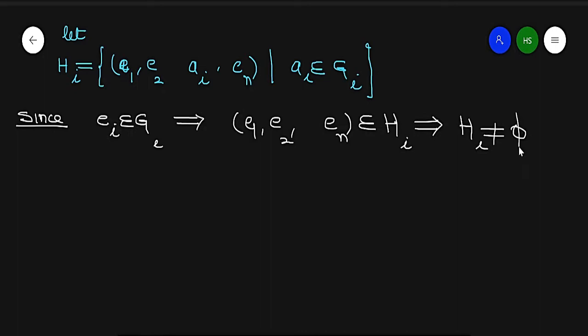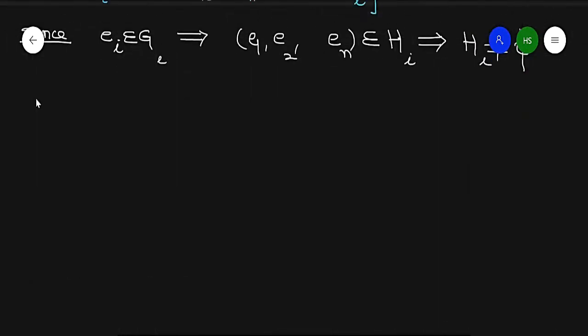If it is non-empty, then we can choose any element from this set, because if it were an empty set, then we could not choose any element from it. So the first step is that it should be non-empty. Now I take two elements.